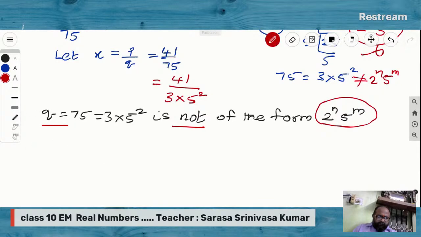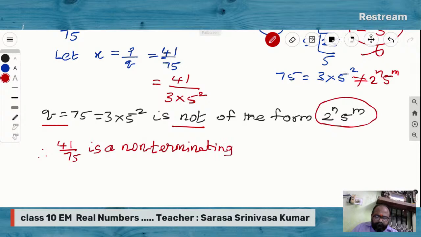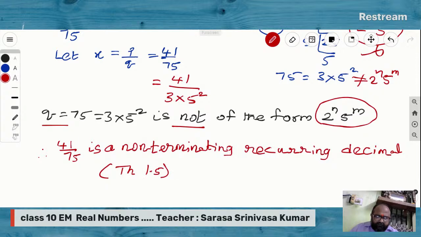Therefore, 41 by 75 is a non-terminating recurring decimal. So what is the reason behind this one? This is theorem 1.5. Students must write the statement of theorem 1.5.